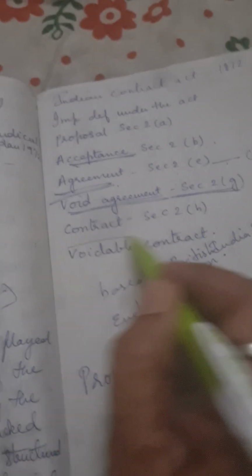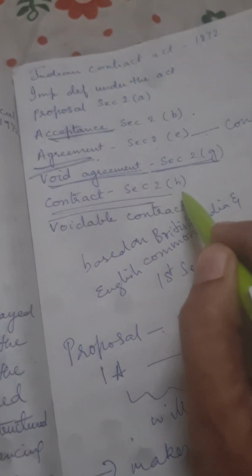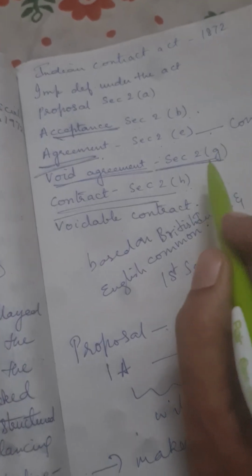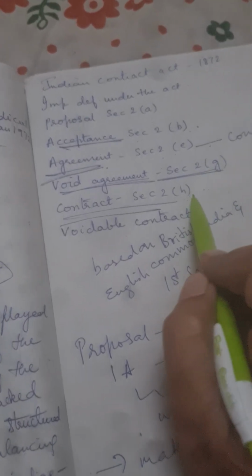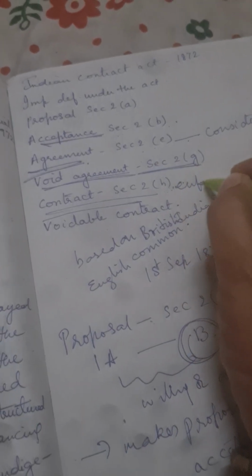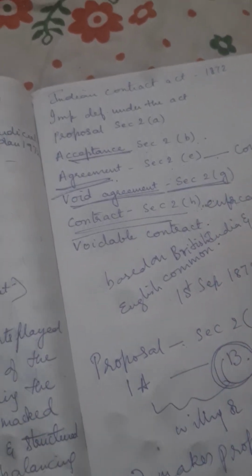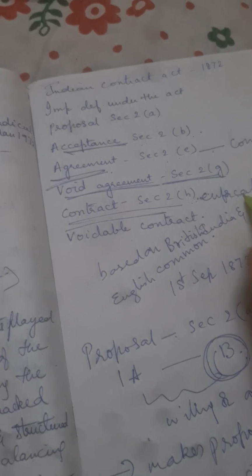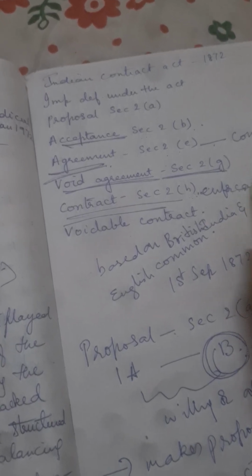Next comes contract. Contract we study under section 2H. An agreement enforceable by law is called a contract. This is enforceable by law.